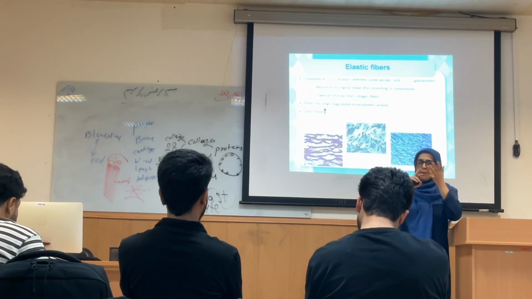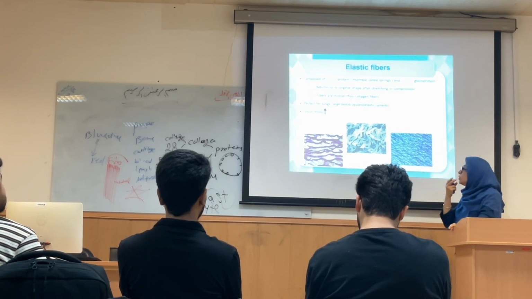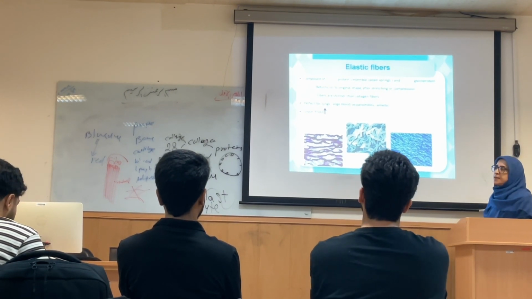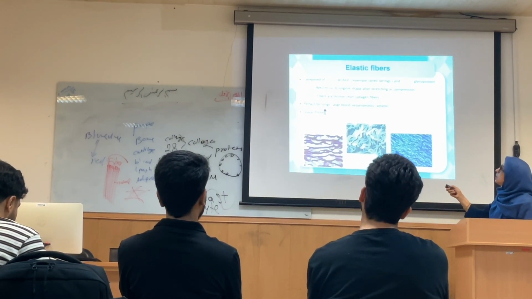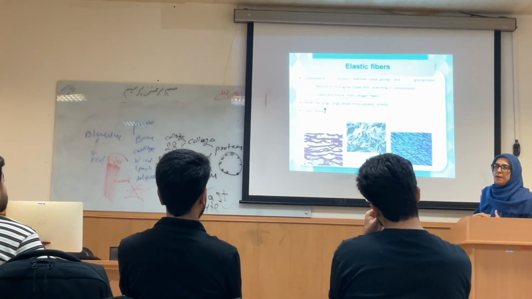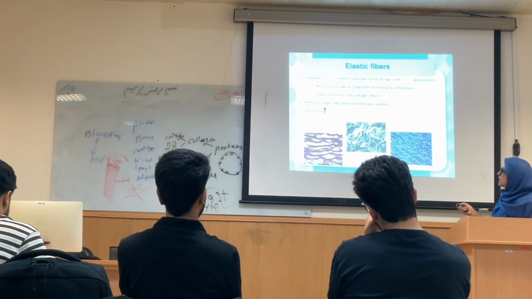I explained collagen type 1 and 3, which are more important, and your book also explains them. Elastic fibers are composed of elastin protein, which assembles as coiled structures and finally forms the elastic fibers.